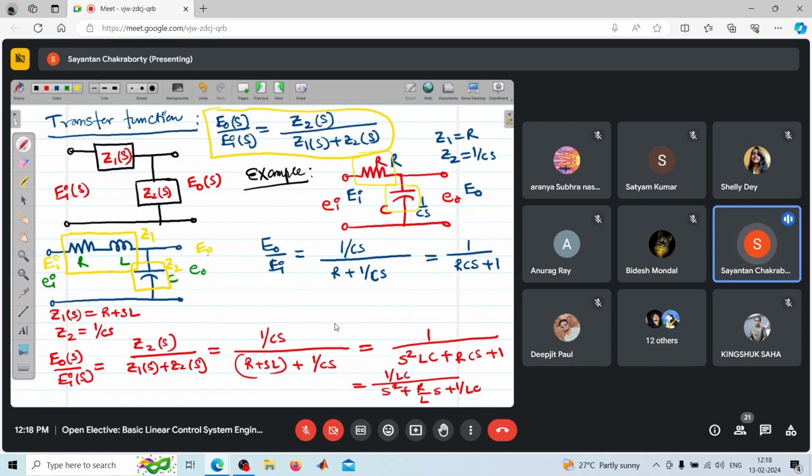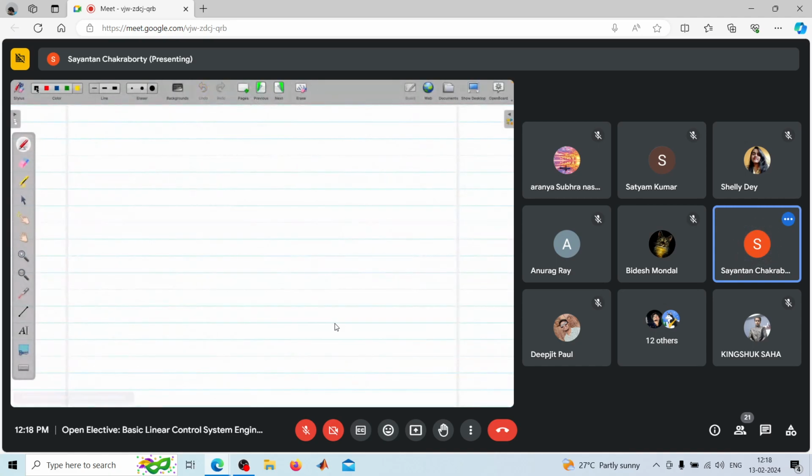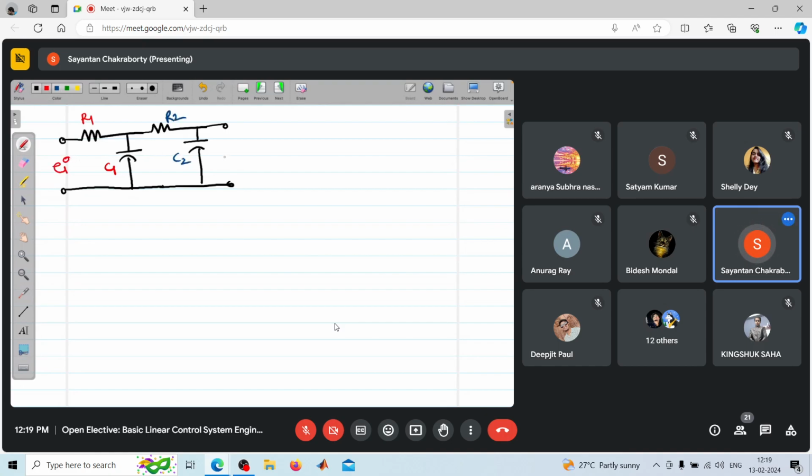Now let us try and apply this particular formula to our problem at hand. So our problem was given like this. R1, C1, R2, C2. This is your Ei. This is E0.